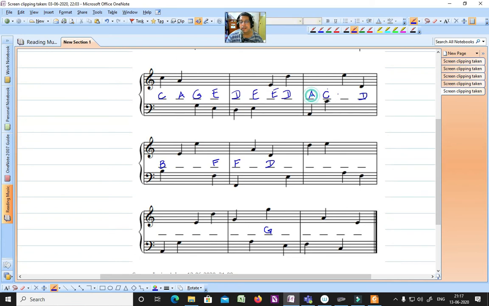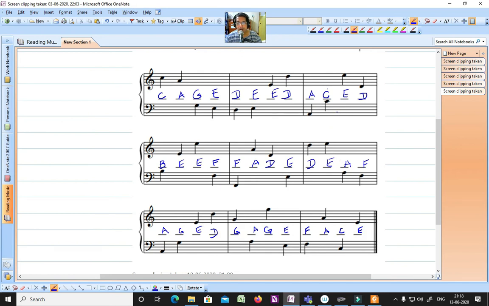This is an A, C, E, D. Then E, F, that's B, F, A, D, and this is E, this is D, E, A, and F. This is A, G, E, and D. This is G, A, G, E. And the last one is F, A, C, and E: face. I hope you enjoyed trying to identify these notes.